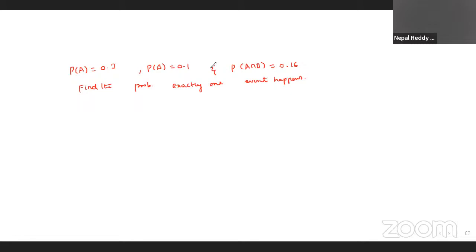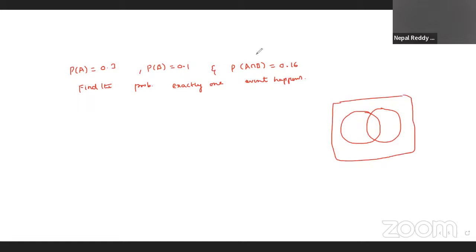Exactly one happens, nothing but, suppose this is A and this is B and this is the sample space. Exactly one means this part as well as this part.